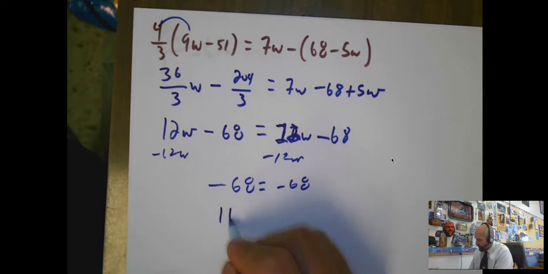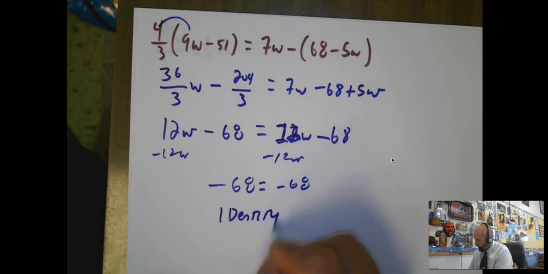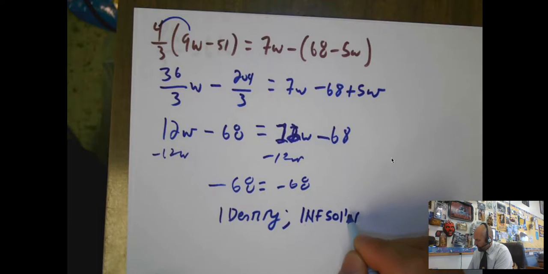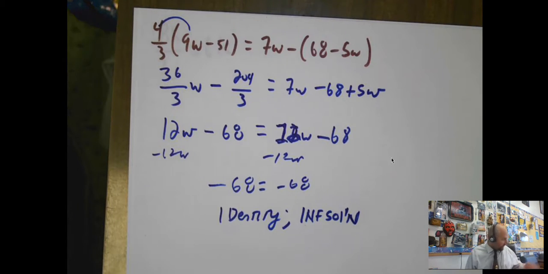This is an identity. This means that you have infinite solutions, okay? So anything you plug in will work. So this has lots and lots of solutions in it. Hopefully that makes sense.